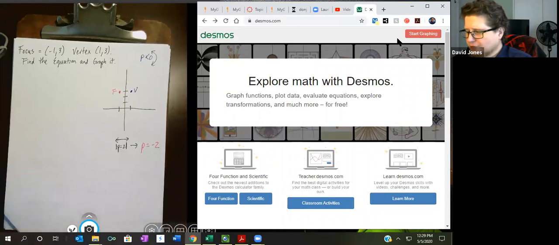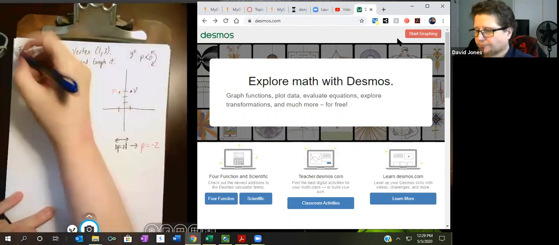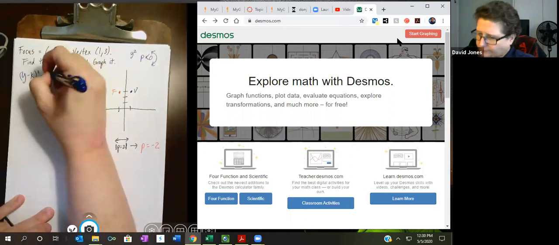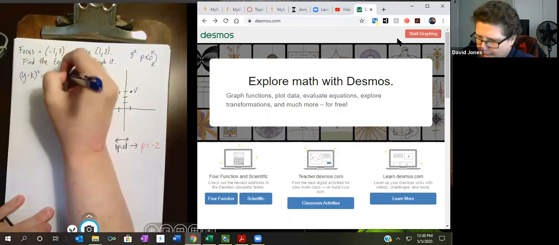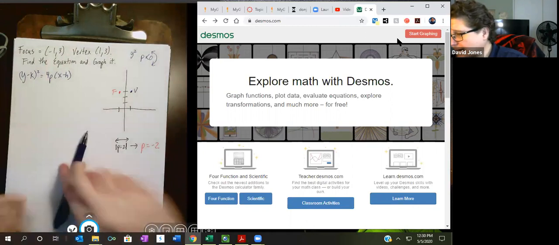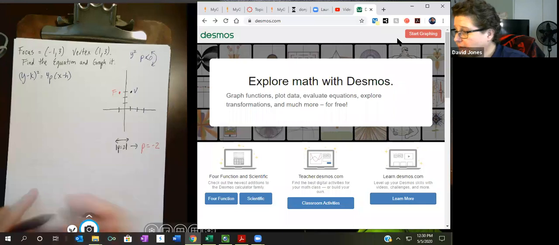It's opening left or right. This is a y squared scenario. So (y − k)² equals 4p(x − h). I know my directrix is exactly the same distance away on the other side of the vertex.